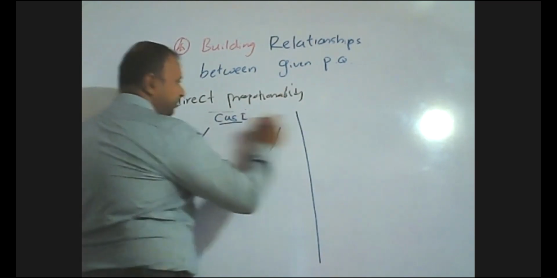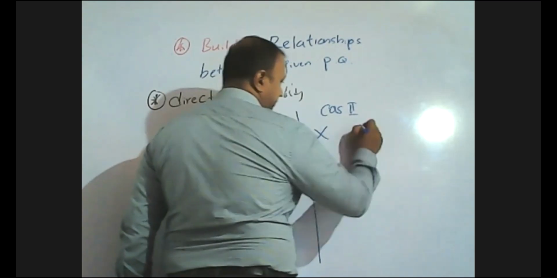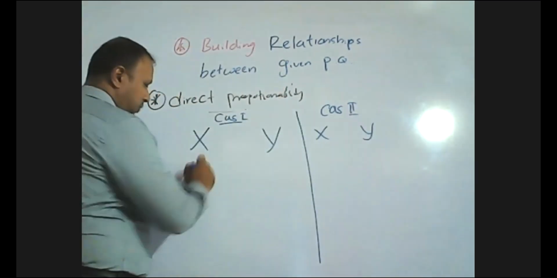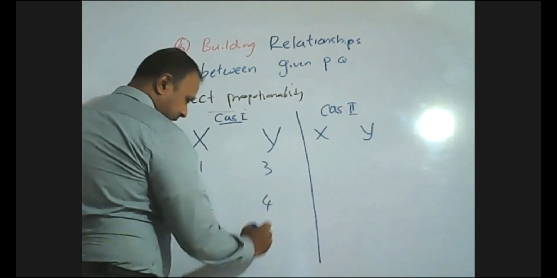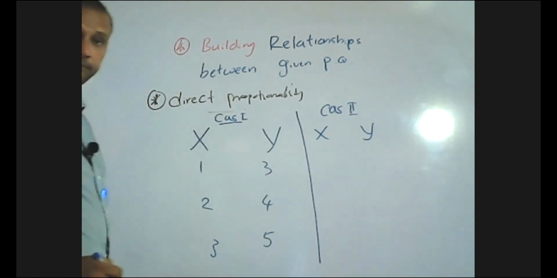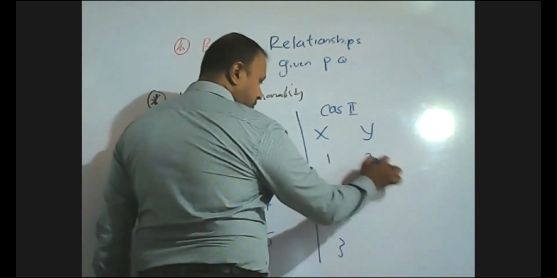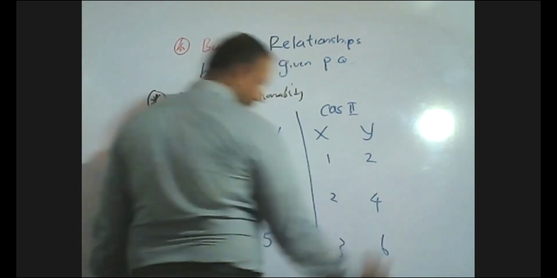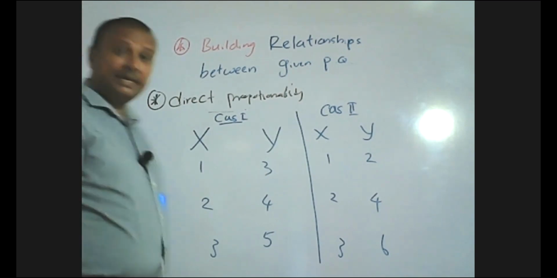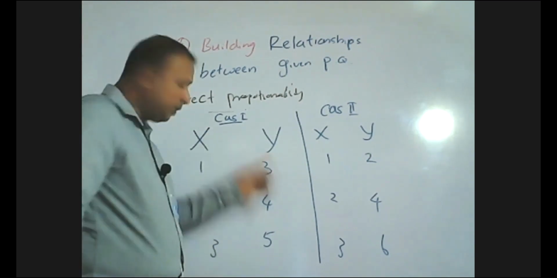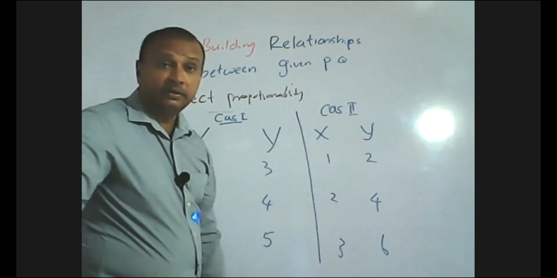This is case 1: 1, 2, 3, 4, 5. Case 2: 1, 2, 3 and 2, 4, 6. In both cases, when x increases, y also increases, no?